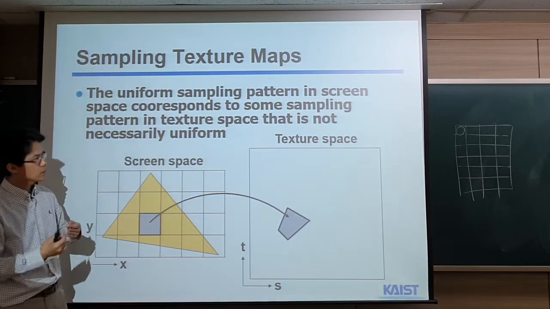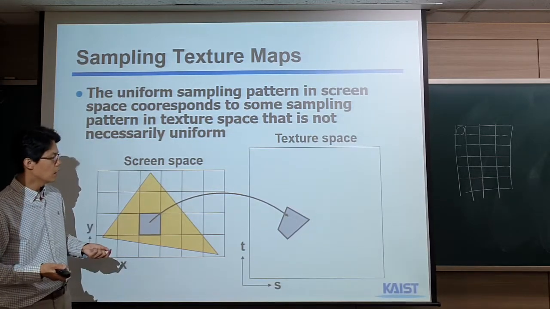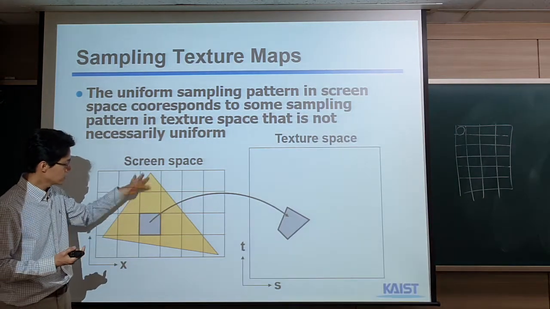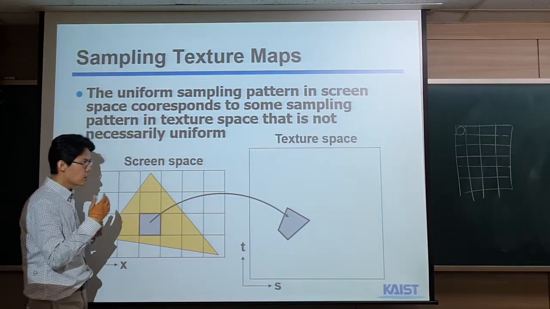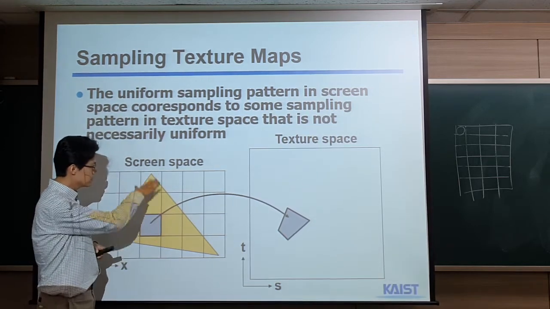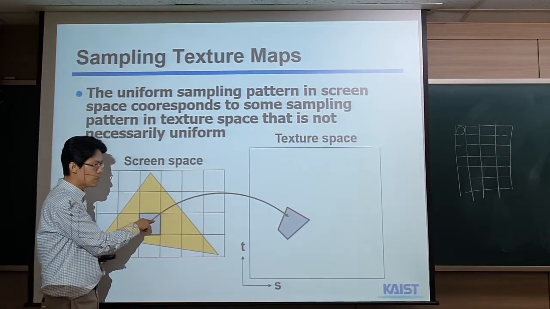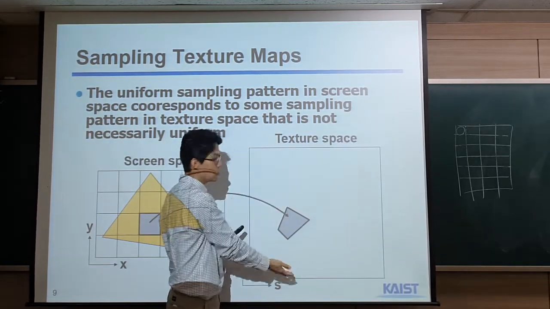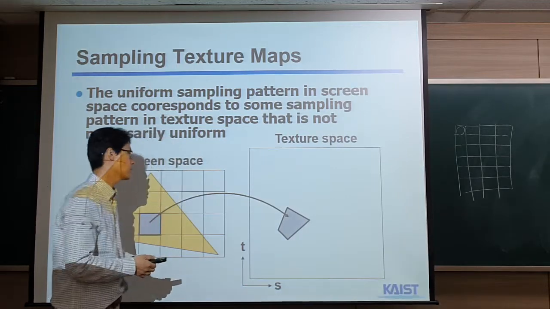I mapped this texture map to this triangle, and conceptually this rectangular shape in screen space can map to an arbitrary region in the texture space. Texture space is nothing but the 2D texture map that I talked about so far.